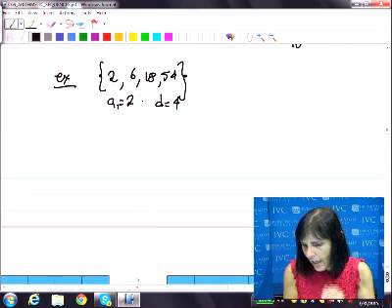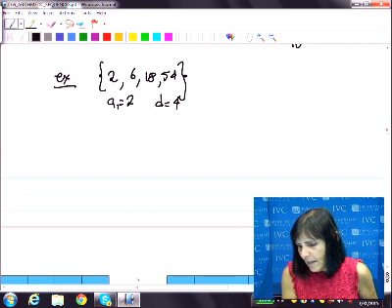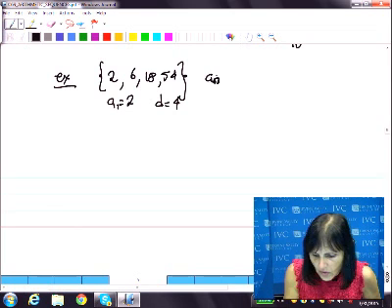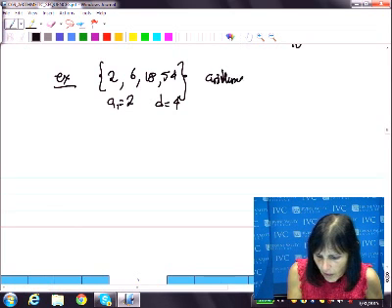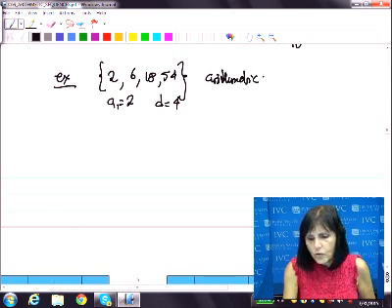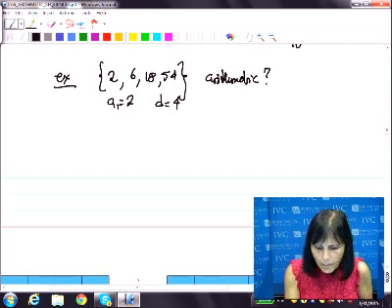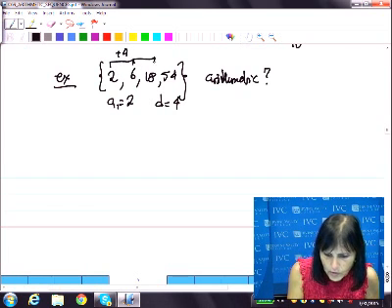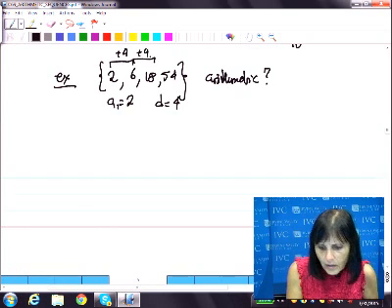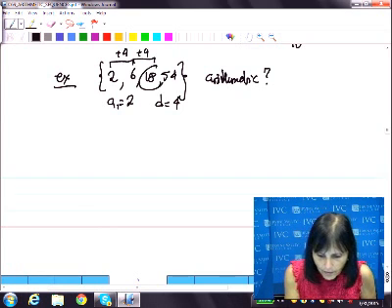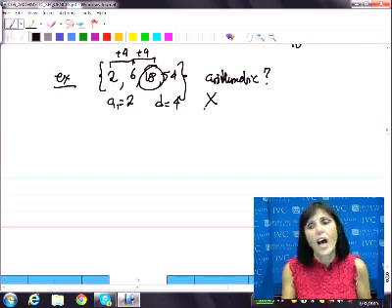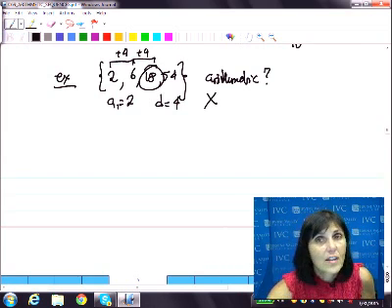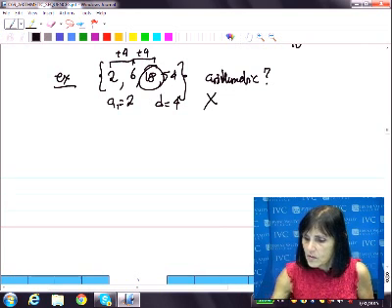I added 4 to it, and then they might say, okay, is this an arithmetic sequence? If it was an arithmetic sequence, I'm supposed to add the same thing each time. I added 4 here, and I'm supposed to add 4 here as well if that's an arithmetic sequence, but I have 18. Therefore, this is not an arithmetic sequence. You can find something else, but it is not an arithmetic sequence.